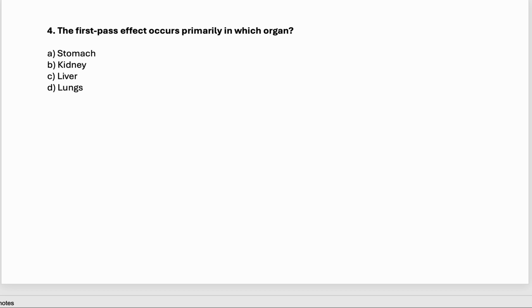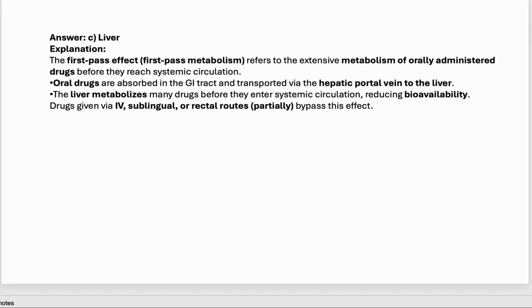But your way of thinking is right. It's actually correct. The first pass effect refers to the extensive metabolism of orally administered drugs before they reach systemic circulation. Oral drugs are absorbed in the GI tract and transported via the hepatic portal vein to the liver.